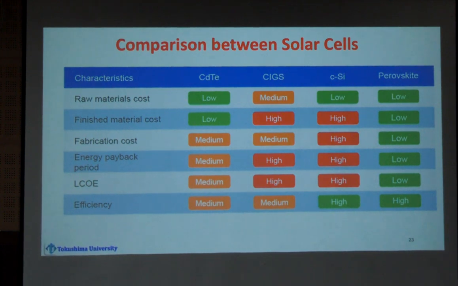Considering raw material cost or preparation cost, fabrication cost, energy payback period, meaning if you buy the solar cell for a certain amount, whether you will get more energy than the solar cell price, and efficiency, on those factors perovskite is more advantageous than other combinations. So that's why these days perovskite.